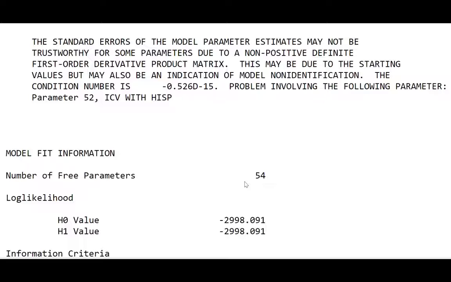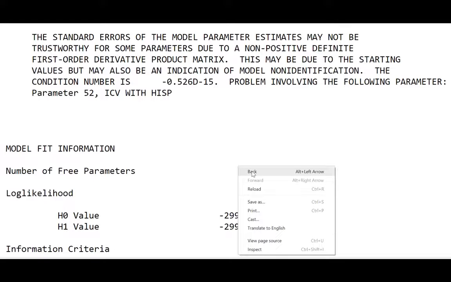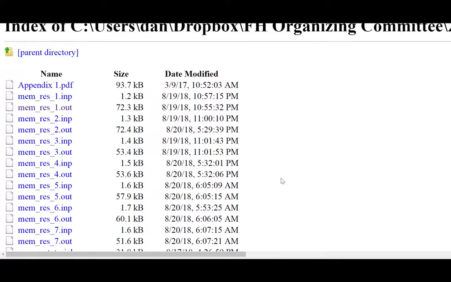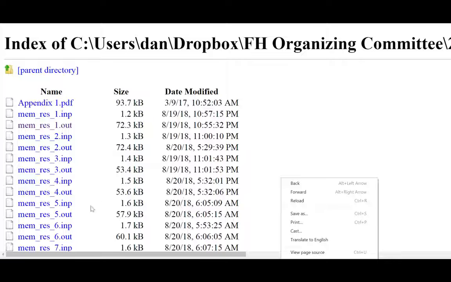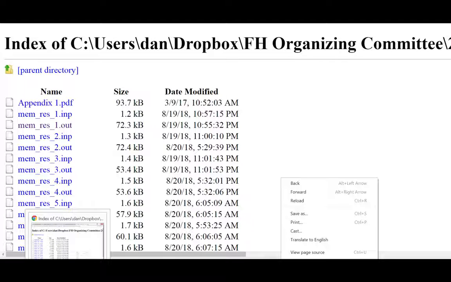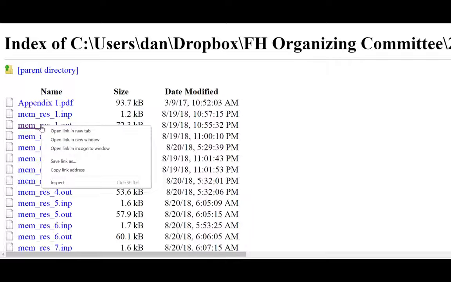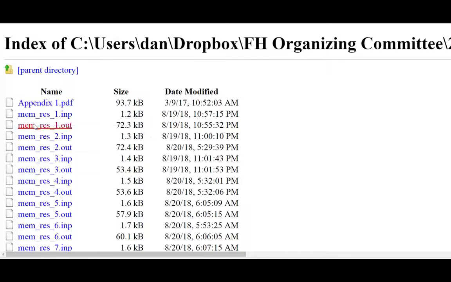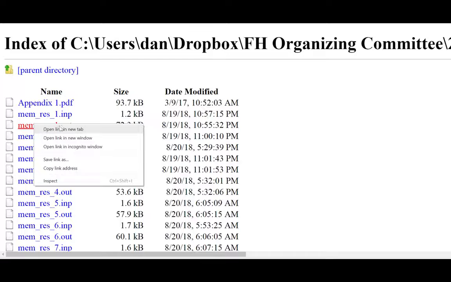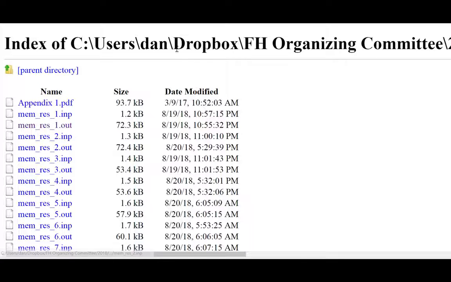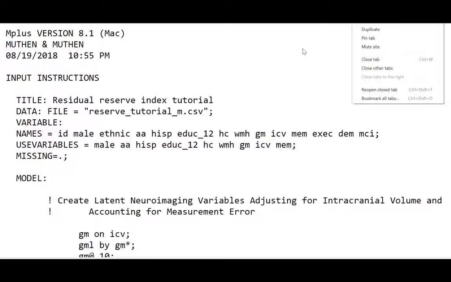The model did terminate normally, and we're getting fit statistics and parameter estimates, but it's saying that there's a problem estimating standard errors, and this is a completely determined model. You need to click the file again.